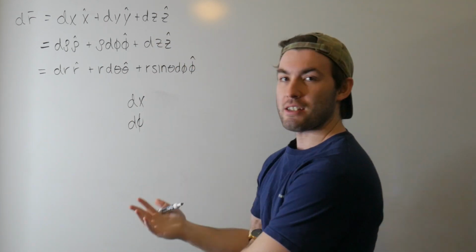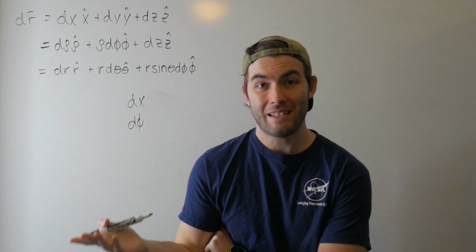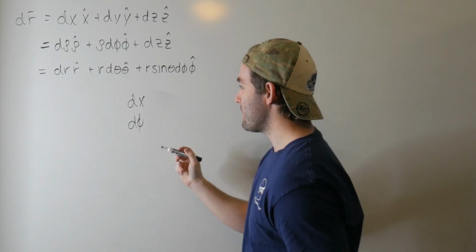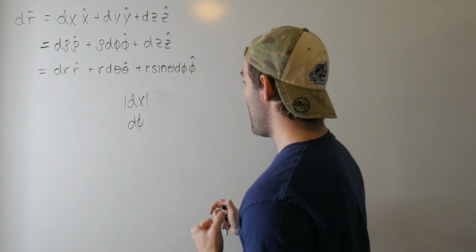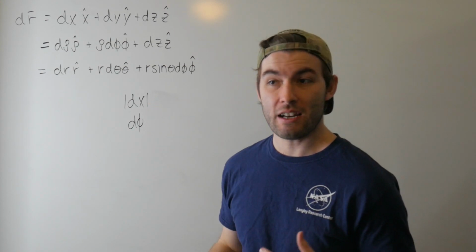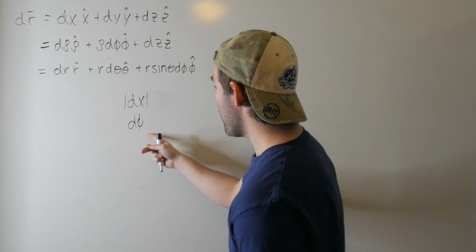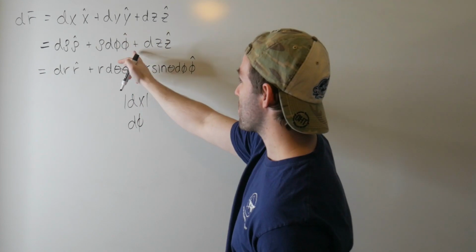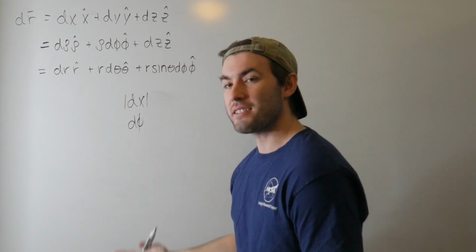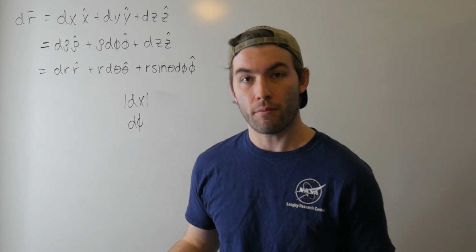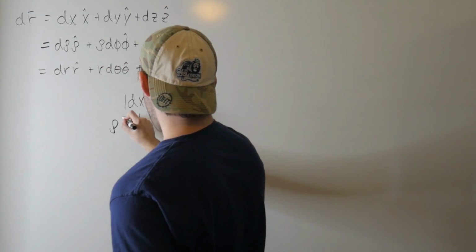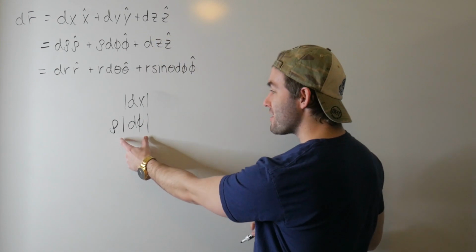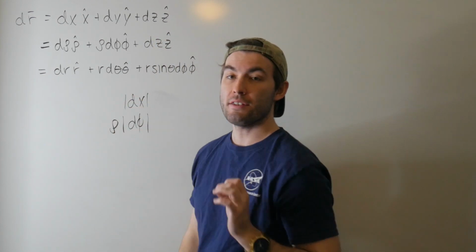Now, when I want to make the distinction between coordinate displacement and distance, well, in the case of dx, we have the magnitude, because we're talking about a length here, this is also a distance, right? It has units of length. But if we look at this d phi in, say, cylindrical coordinates, that's dimensionless. That doesn't have units of length, and it's this rho that gets tacked on. So it's the rho magnitude d phi that actually turns this coordinate displacement into a distance.